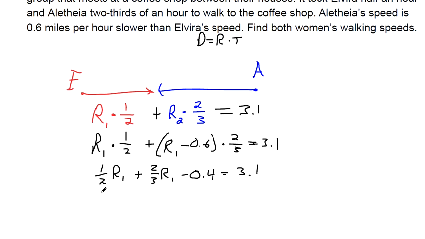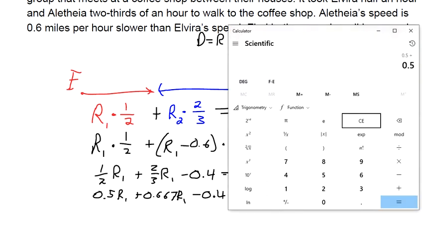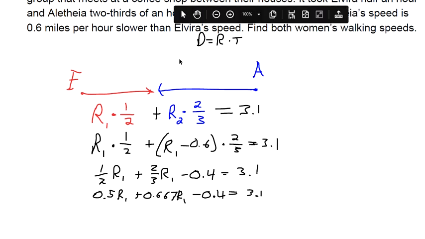If you do 1 divided by 2 in your calculator, and if you do 2 divided by 3, I'm going to use 0.667 as an approximation. And then we want to add these together. So 0.5 plus 0.667 is 1.167.